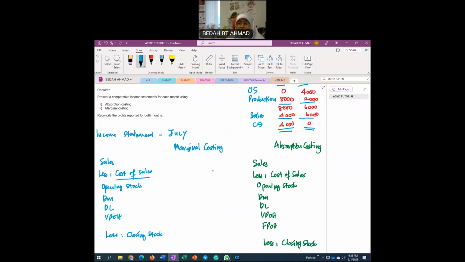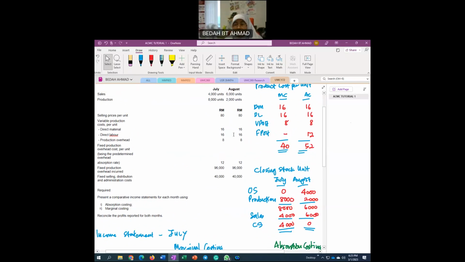Sales in July is 4,000 units, multiplied by the selling price of 80 ringgit.